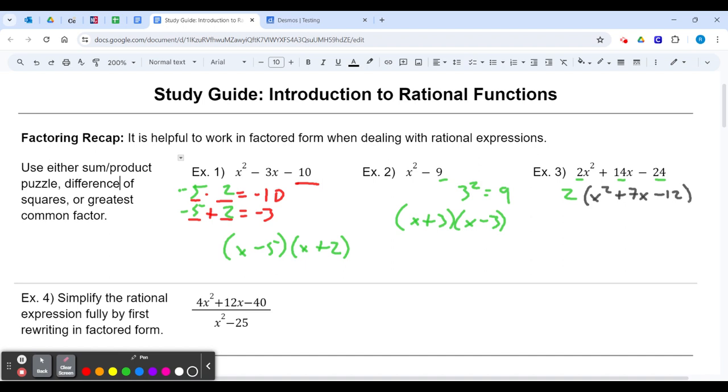And then I have an instance of our sum and product puzzle where I can multiply to -12, add up to +7. In this case, it would be -4 and -3. And so my final factored form would be that 2 out in front, x minus 4, and x minus 3. That should be just one minus sign there.